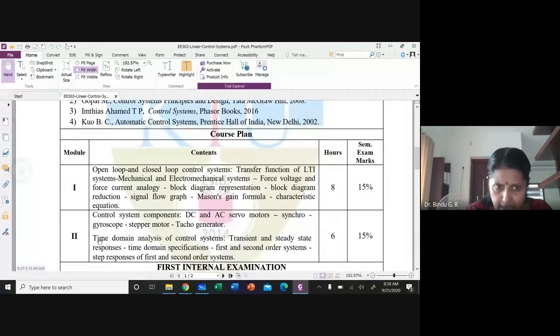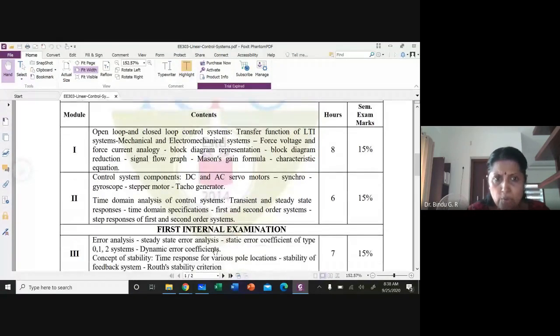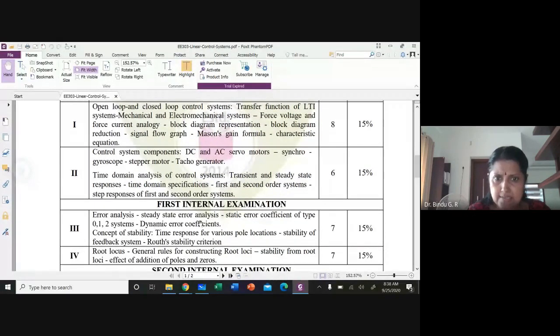Then today, and yesterday, we discussed some details regarding time domain analysis. I said time domain analysis can be divided into 2, transient and steady state. Then we'll come to the later stages of transient analysis here, and in the next module you have the steady state analysis. After completing this transient analysis, you will have a series test, and then we will go to the 3rd module.